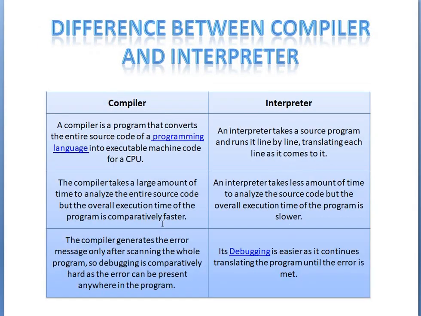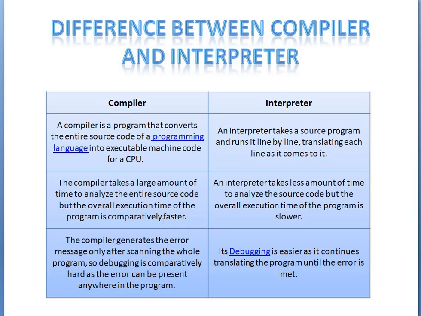Now we will see what is the basic difference between a compiler and an interpreter. Compiler is a program which converts an entire source code into an executable machine code, whereas interpreter will convert your code line by line. Compiler will take a large amount of time to analyze the source code, whereas compared with it, interpreter will take less time for analyzing the code.